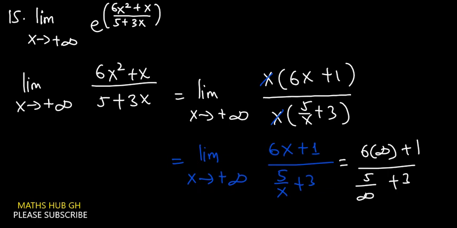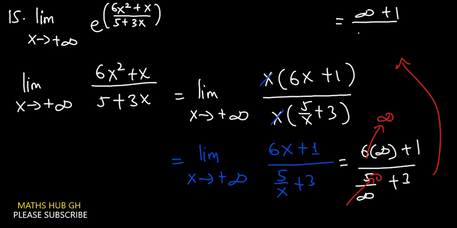This value will give us infinity, and this value gives us 0. So let's continue from here. At the end, we are just going to have infinity plus 1 divided by 0 plus 3, and this will give us infinity. So our limit will be equal to e to the power of infinity, and this will give us a value of infinity. That will be our answer.